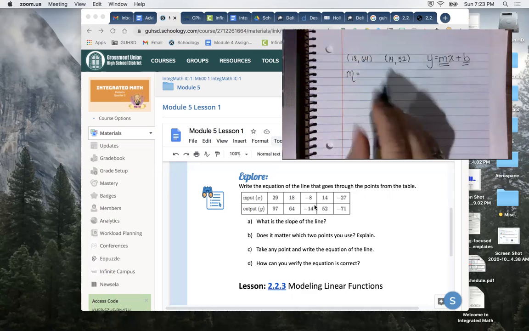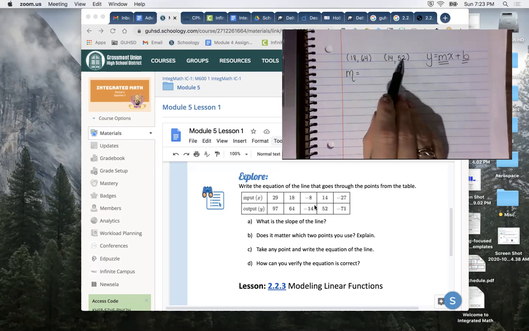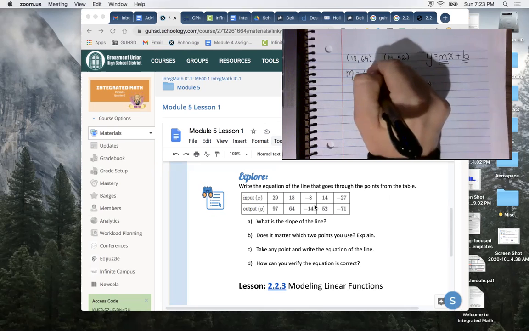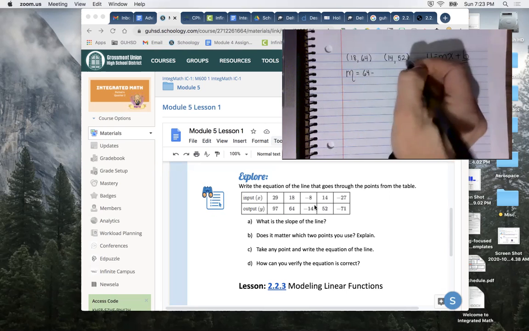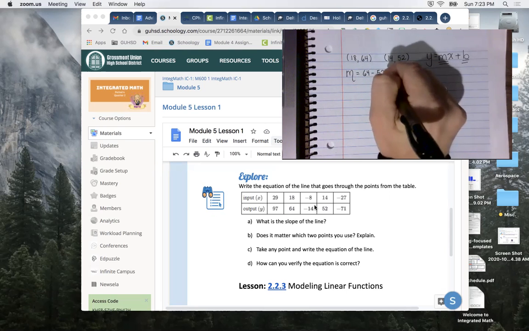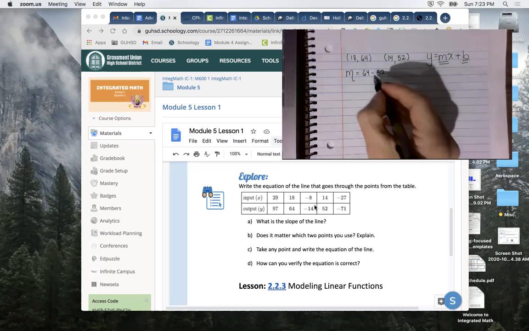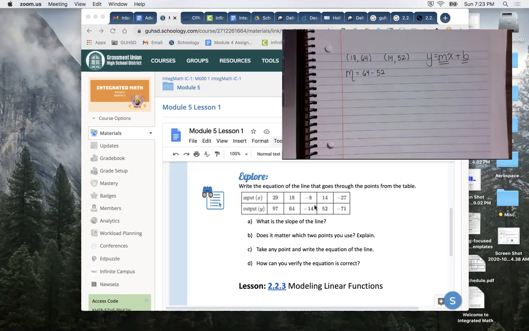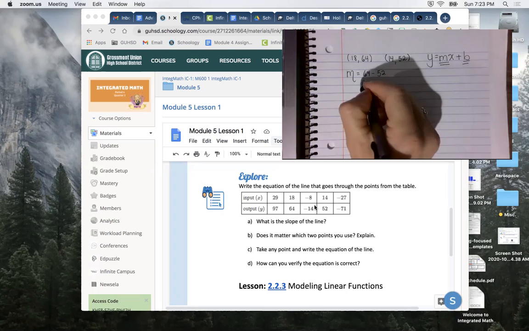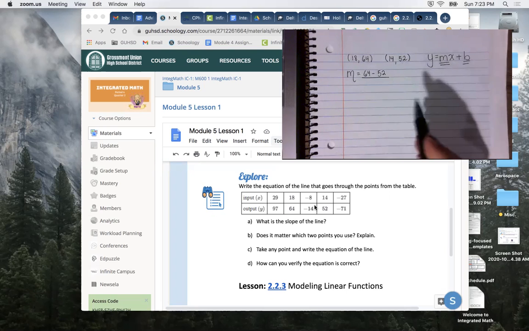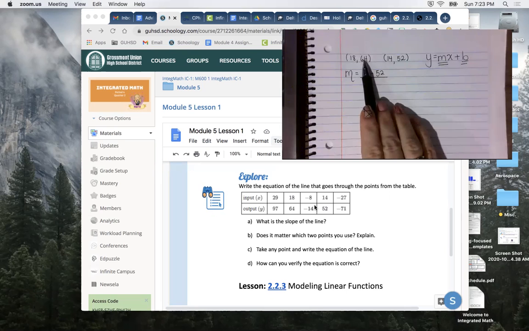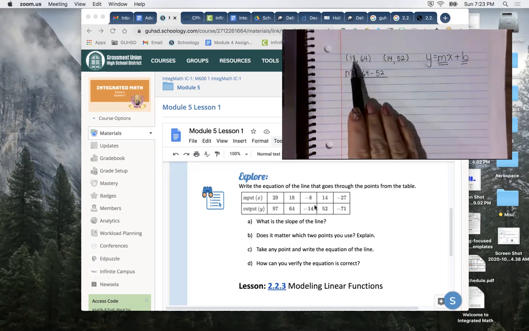To find my slope, I'm going to find the difference in my y's first. I'm going to do 64 minus 52. That's the difference in my y's. And then that goes over the difference in my x's. Since I used this y, I have to use this x on the bottom.